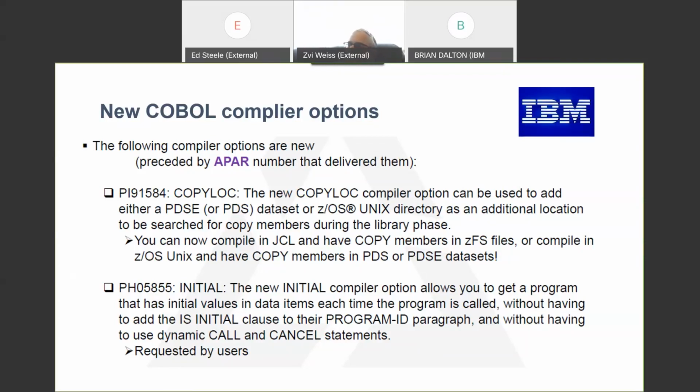The IS INITIAL clause will cause your values to be initialized when the program is called. The people did not want to always have to do that, and they did not want to always have to worry about using dynamic call and cancel statements. And now by specifying as a compiler option initial, it gives you that capability for your called subroutines.